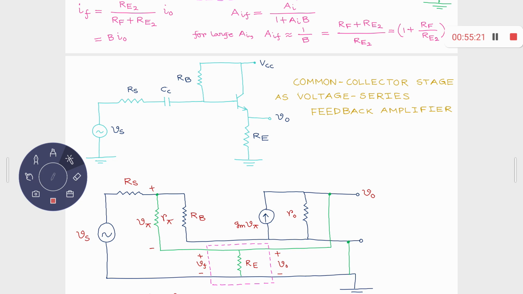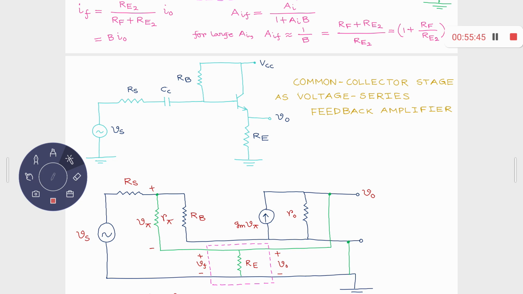Between base and emitter, you must have some R pi. You must have some gm pi between collector and emitter, and some R naught between collector and emitter. For the time being, let's forget about R pi.